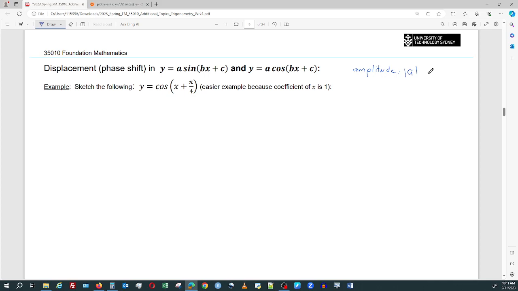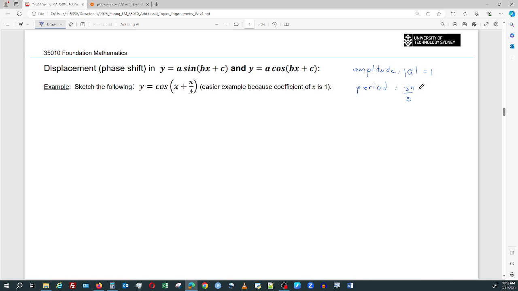Okay, so in this particular example, the magnitude of the coefficient that sits in the front is 1. Okay, the next thing we've got is the period, and the period is given by an equation.